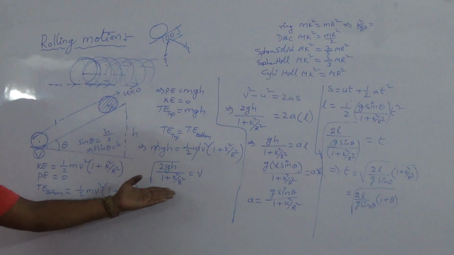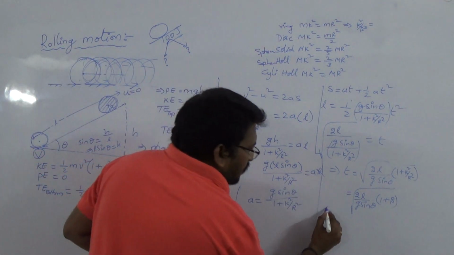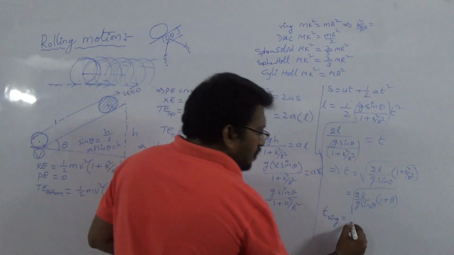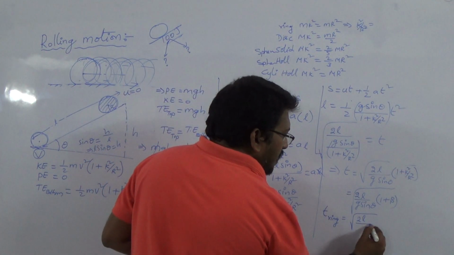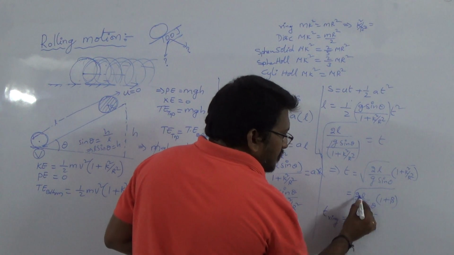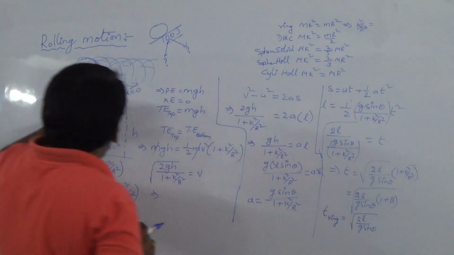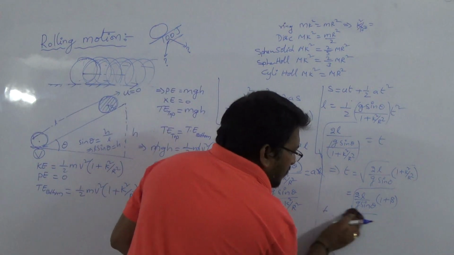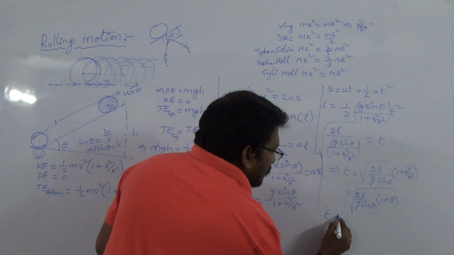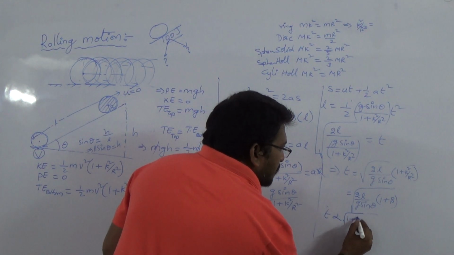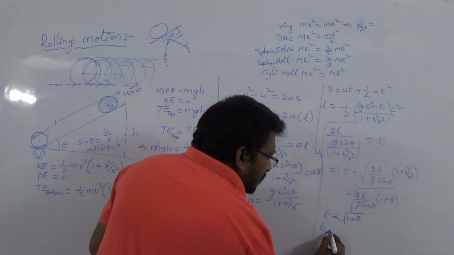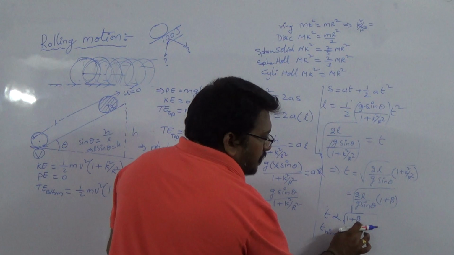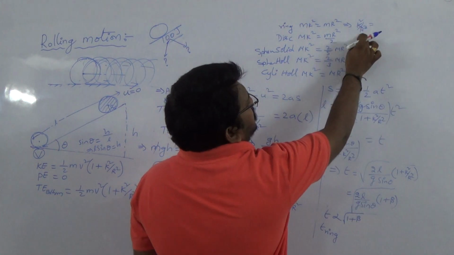By using the formula, for example in case of the ring, the time taken by the ring to reach the ground is under root 2l by g sin theta, with 1 plus beta. For the same inclined plane, l, g and sin theta are all the same. So we can write t is proportional to under root of 1 plus beta, where beta means k square by r square.